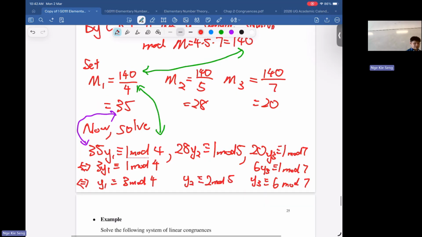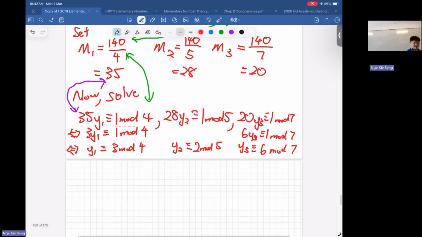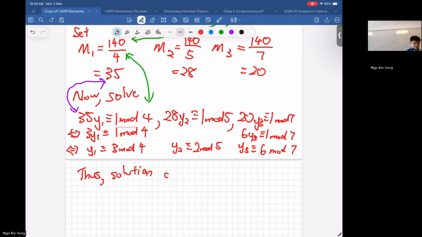So what's the solution then? How do we assemble this solution? The solution formula is x equals a1 times capital M1 times little y1, the inverse.